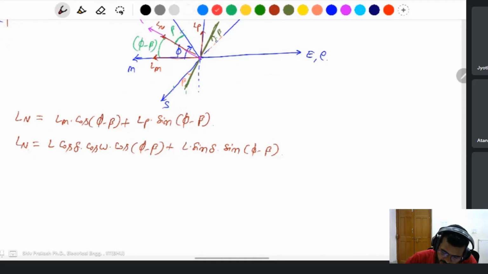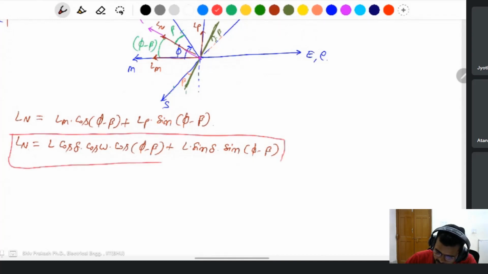This is the insolation on the tilted surface, where beta is the tilt angle.